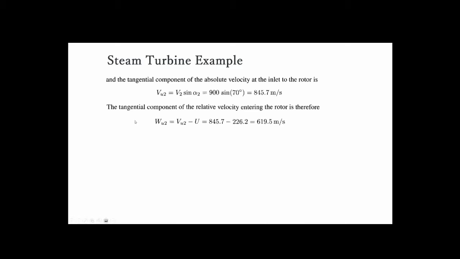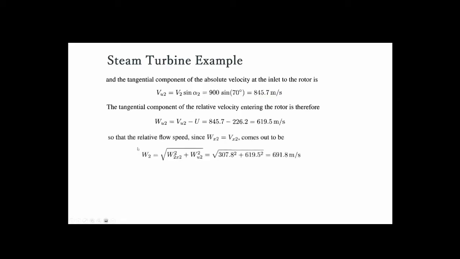And the tangential component of the relative velocity entering the rotor is Wu2 equals Vu2 minus U. We have calculated Vu2 and we have calculated U. We just plug in those values here and you will get Wu2 equal to 619.5 meter per second.